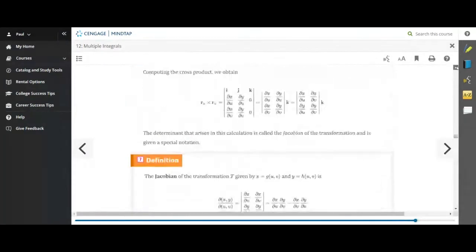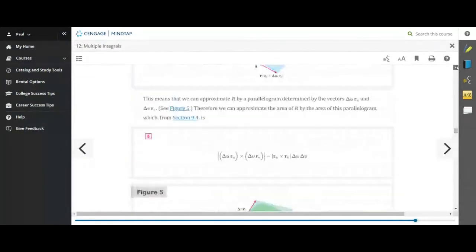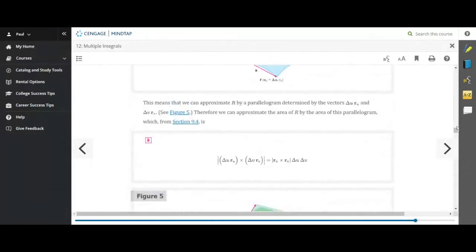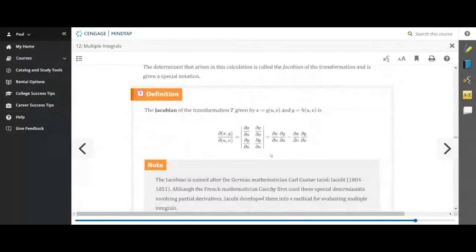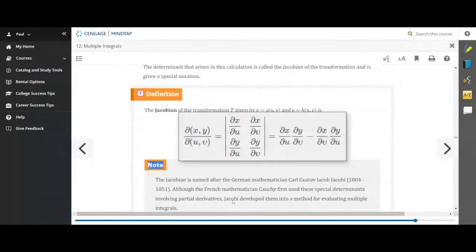And the Jacobian, I just have to find where they define it. The definition of a Jacobian is given here. This is something that you will very likely see in other classes.